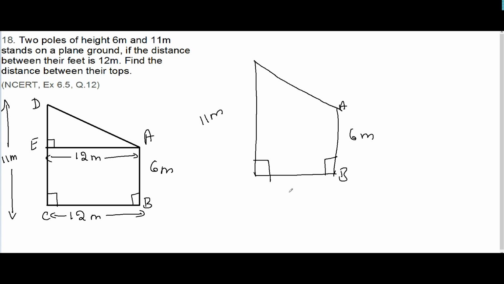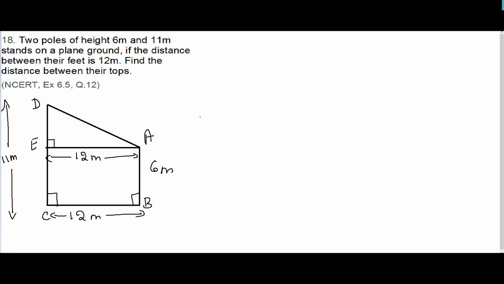The distance between their feet is given as 12 meter, I call this CD. We have to find the distance between their tops, that means from D to A. You can see I have drawn and kept the diagram. So always introduce your data here.